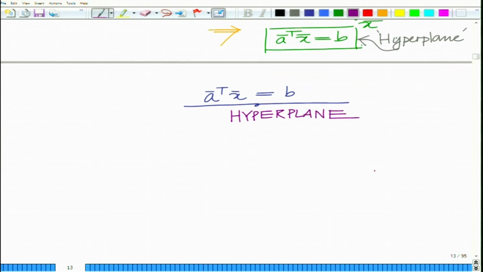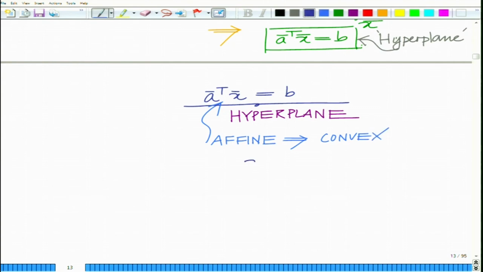This is an equation for a hyperplane, and you can see that a hyperplane is affine, which also implies that it is convex as well, right.